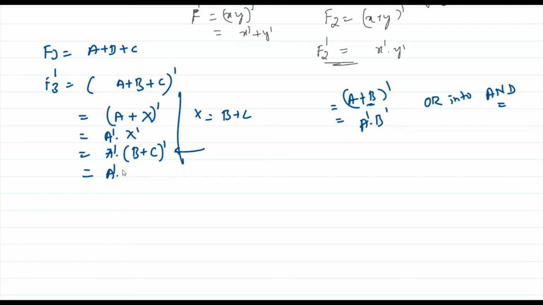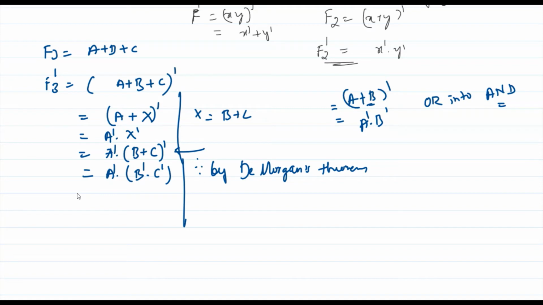How can I write this? This can be written as b prime, the plus changed into dot, and c prime. This is by De Morgan's theorem.